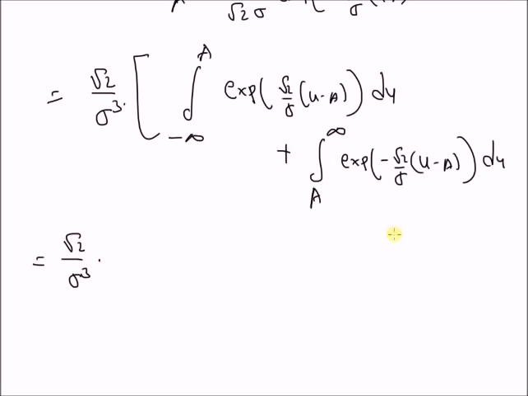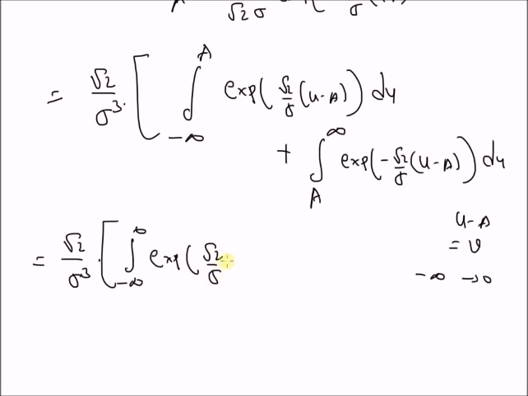And now by replacing u minus a with v, the integral limits become: for minus infinity it is still minus infinity, for a it is 0. So this is the integral from minus infinity to 0 of exponential of square root of 2 by sigma into v, dv.